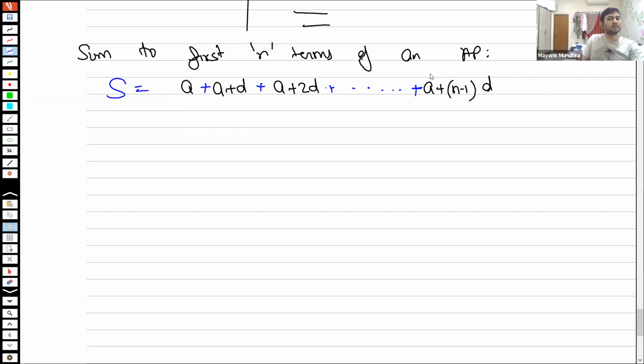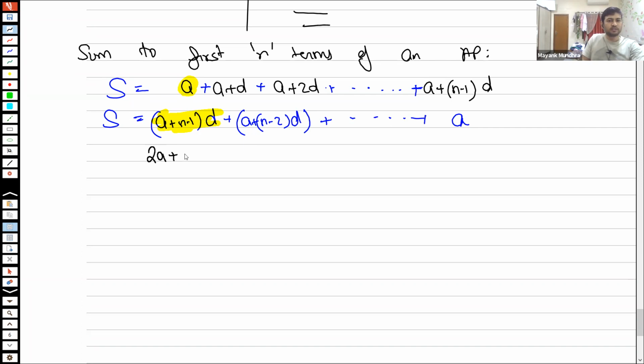Now let us reverse this order and write this again. So sum S is also a plus n minus 1 times d plus a plus n minus 2 times d plus so on till a. Now what is a plus a plus n minus 1 times d? This is going to be equal to 2a plus n minus 1 times d.